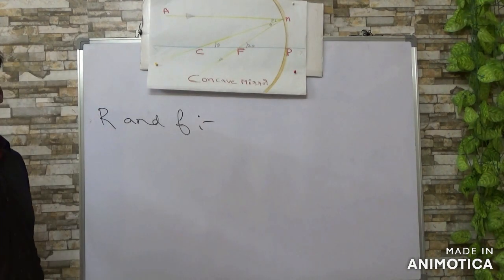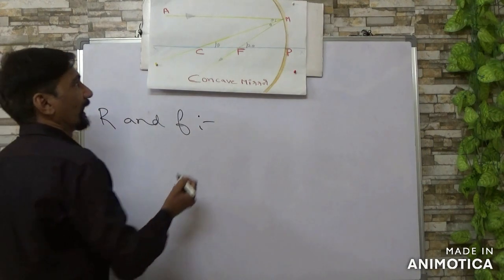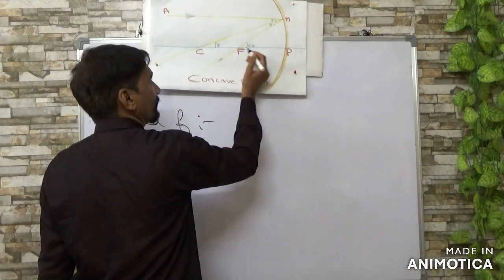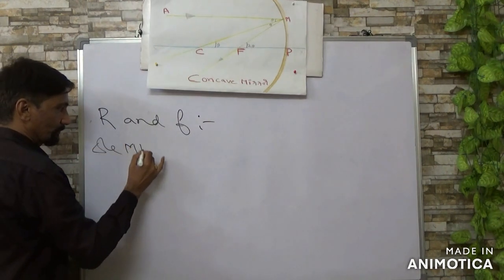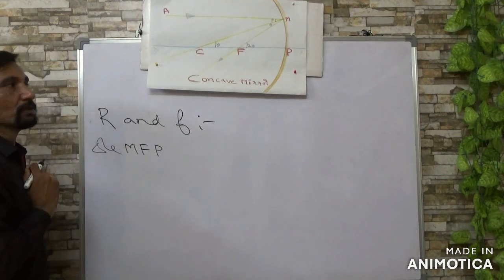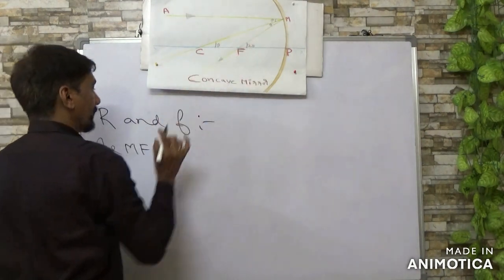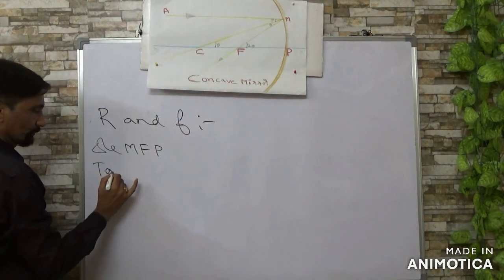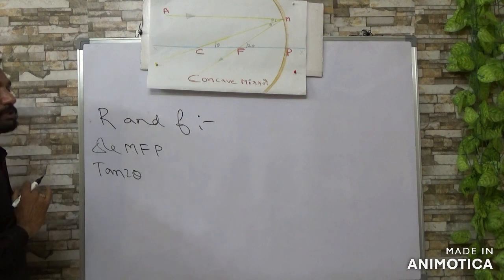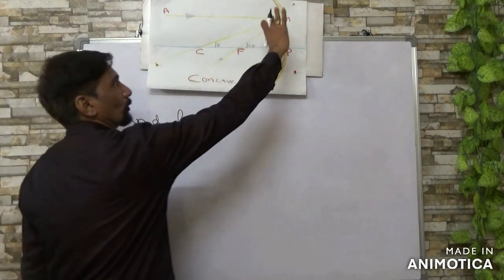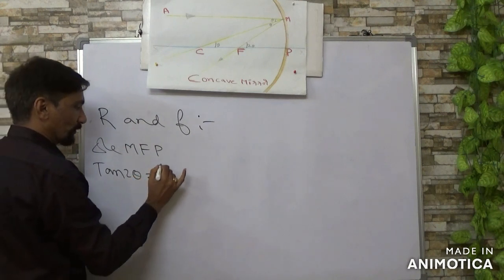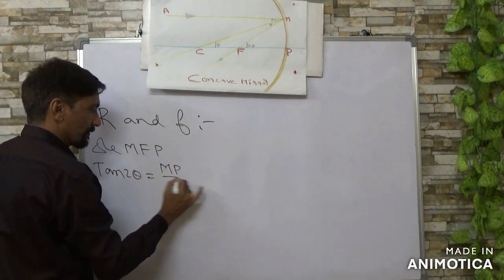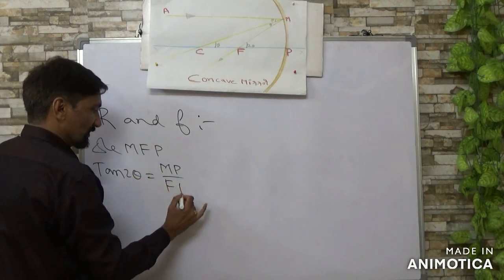Now you consider first triangle MFP. tan 2 theta. Tan theta is equal to opposite by adjacent, which is equal to MP by FP.